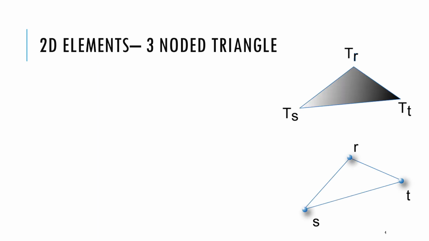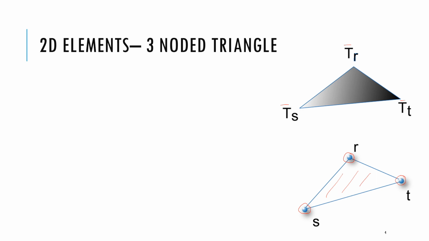So here is one of those triangles, this one here, with 3 nodes, and these are the temperatures at the nodes. I put a bar there because any calculation using finite element is an approximate temperature.